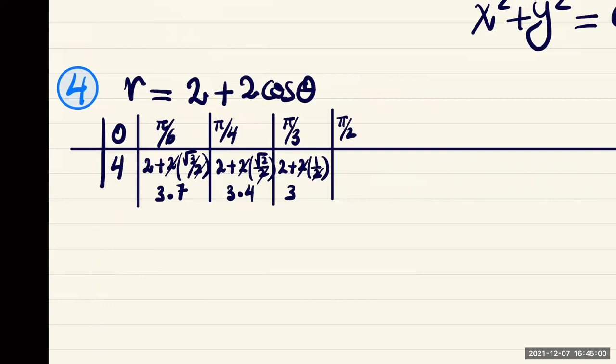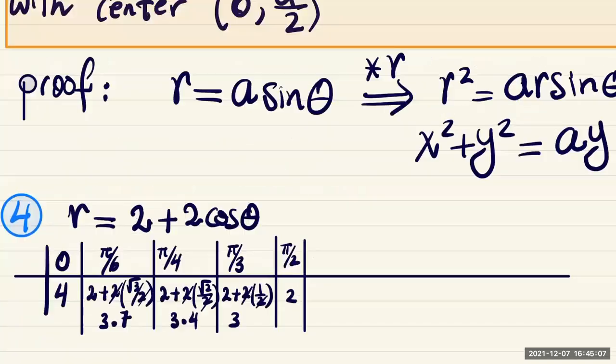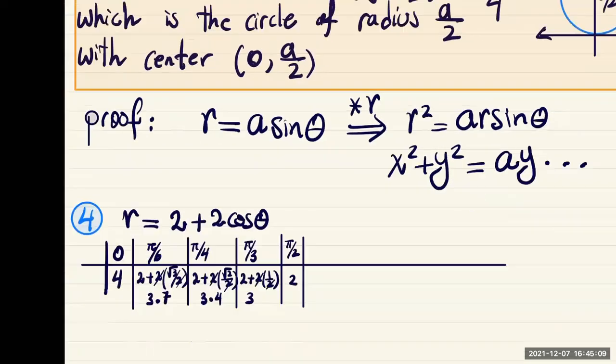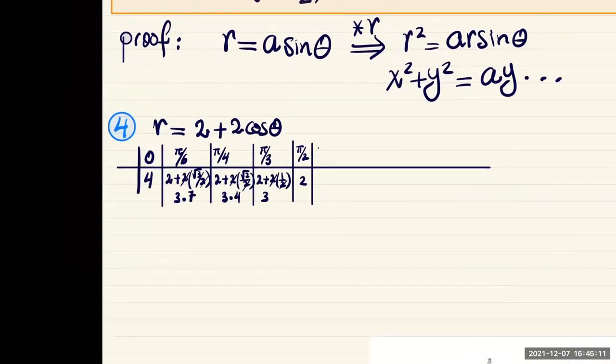Cosine of pi over 2 is 0. That gives us 2. Let's pick more angles. Let's pick 2 pi over 3. I will show you a much faster way to graph, because plotting points is not a lot of fun. Cosine of 2 pi over 3 is -1/2, and that gives us 1.